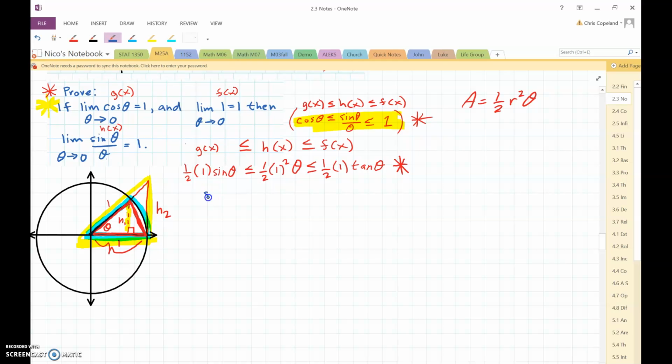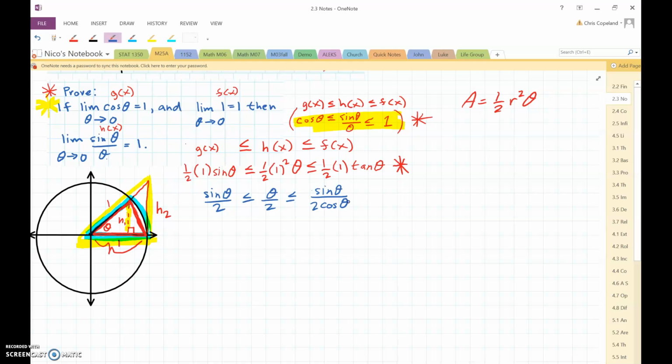Let's make this sine theta over 2 is less than or equal to theta over 2, which is less than or equal to tangent theta over 2, or sine theta over 2 cosine theta. Okay, so that's just using some identities, multiplying, simplifying this.